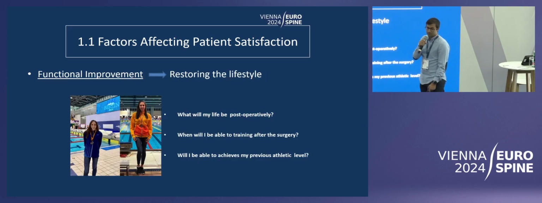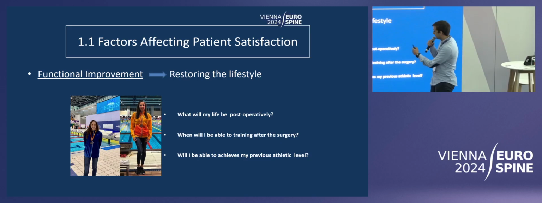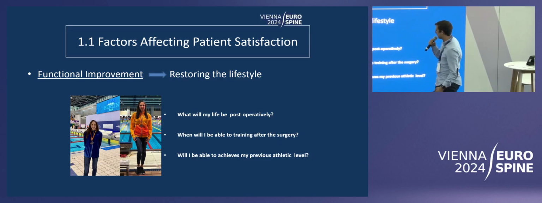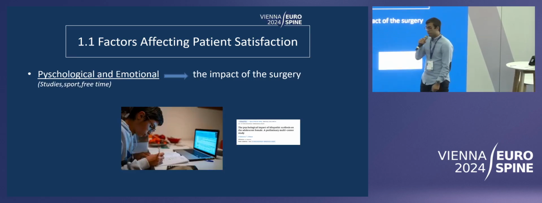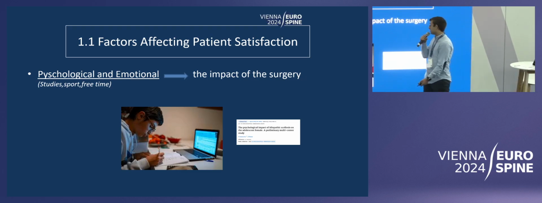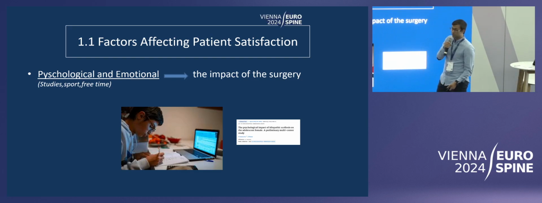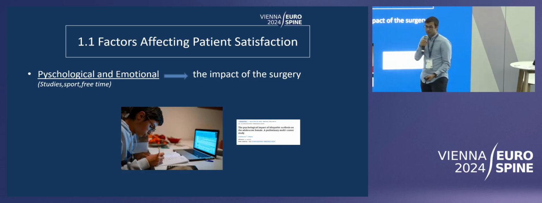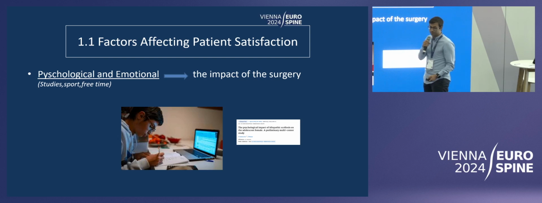Another important factor is functional improvement. When this patient arrives at the consult, they ask the doctor, when will I restore my lifestyle? Another factor is psychological and emotional improvement. Surgery is important because it impacts these patients' lives, their studies, their sport, their free time.